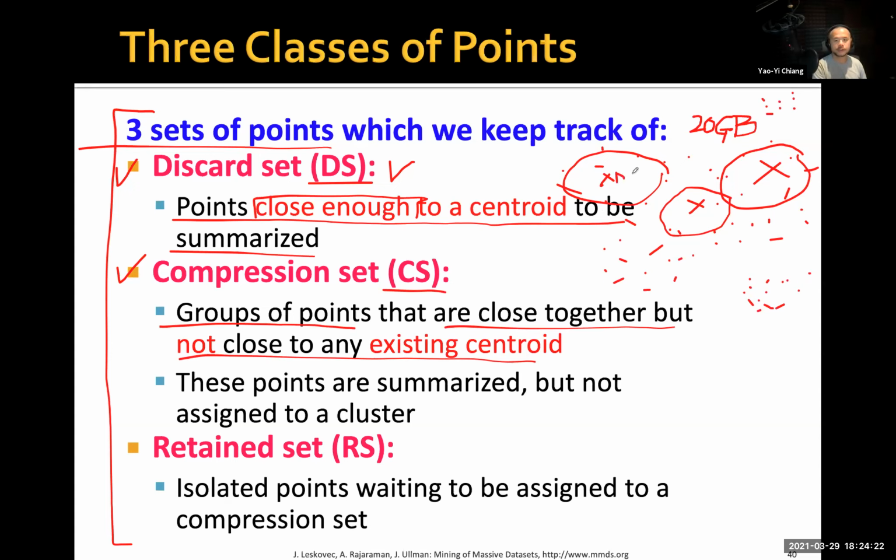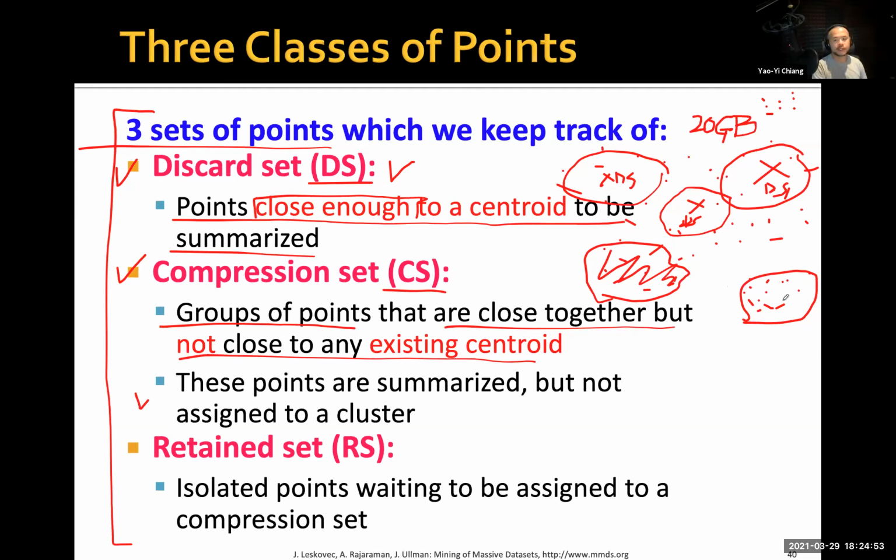This is your DS, this is your DS, this is your DS. But you have another group here, you have another group here. These are all close to each other, but they are not close to any of the centroid. So we are going to summarize these points as a cluster. We're going to summarize them, throw away the data points, but we are not going to assign them to any cluster.